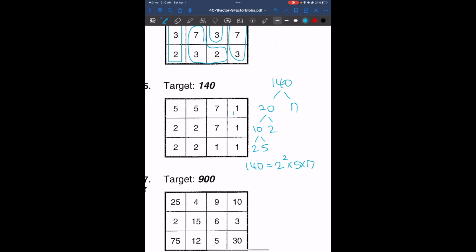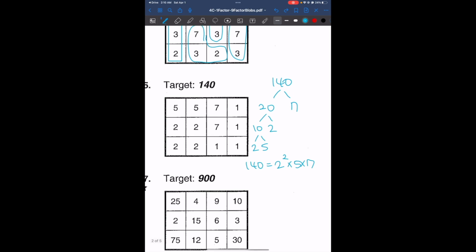And we know that multiplying 1 to any number basically gives the number itself, so multiplying 1 won't be too much of a deal. And so we're going to have two blobs, so it's going to look like this.